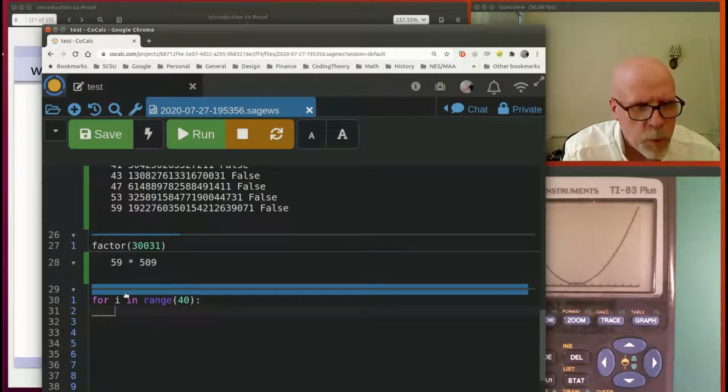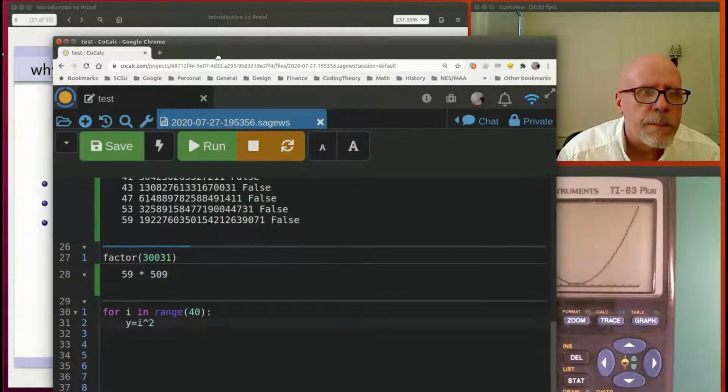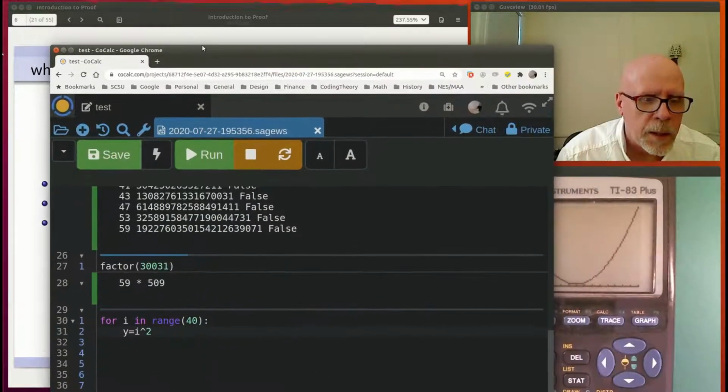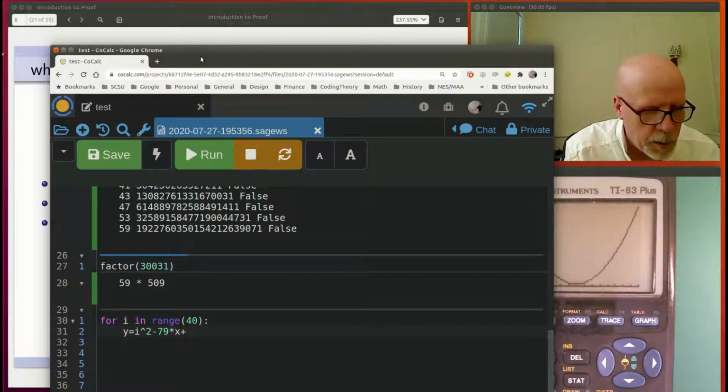For i in range(40), let's calculate, let's call it y. The formula was x to the second power, minus 79x, plus 1601.